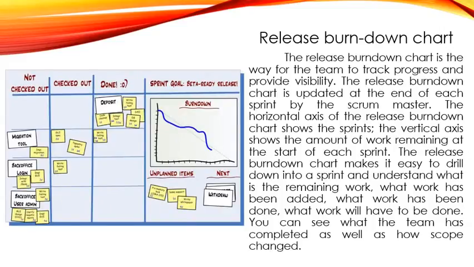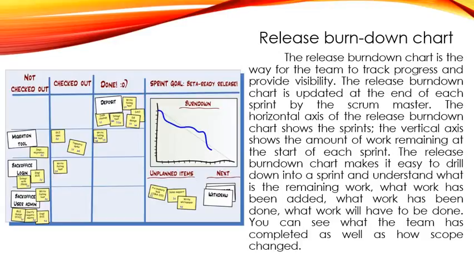Release burndown chart. The release burndown chart is a way for the team to track progress and provide visibility. The release burndown chart is updated at the end of each sprint by the Scrum Master. The horizontal axis shows the sprints. The vertical axis shows the amount of work remaining at the start of each sprint.